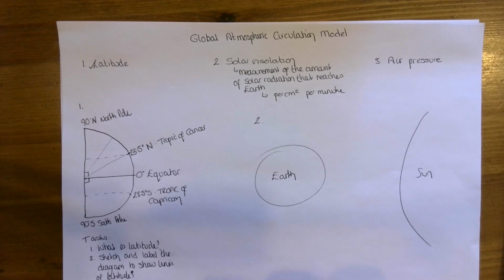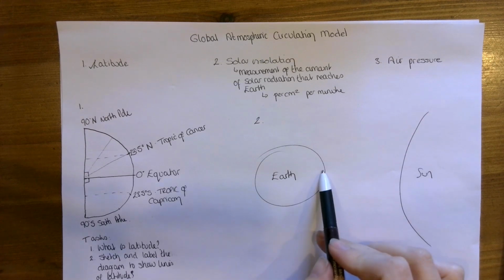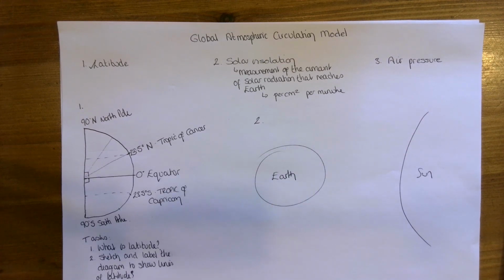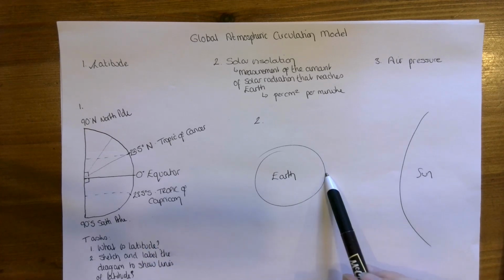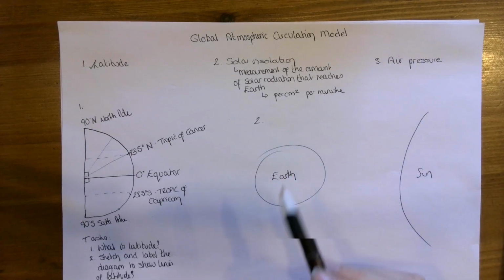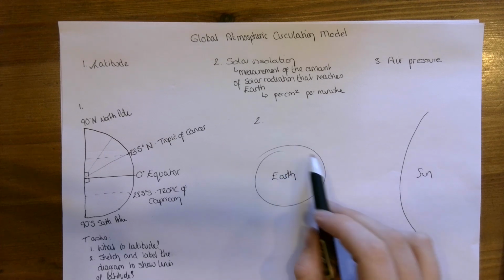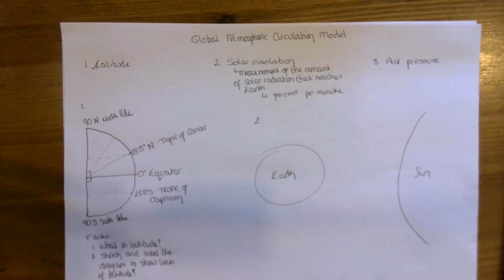Now, technically, you are correct, but that distance difference between the equator and the poles is so tiny in the grand scheme of things that it actually has no effect whatsoever. And the biggest reason why there's a temperature difference between the equator and the poles is because of the curve of the Earth. Okay, so let's have a look at what that means.